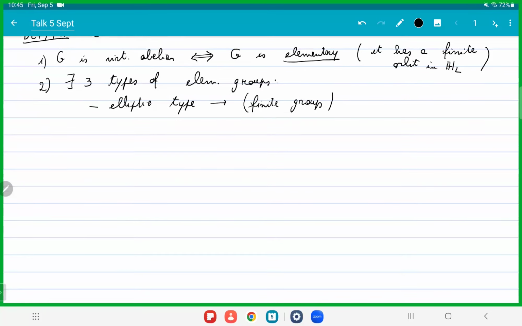Nothing very interesting here. Then there's the parabolic type. The elementary groups of parabolic type all contain parabolic elements, but not only that, they all fix the same boundary point. So this is an infinite group.